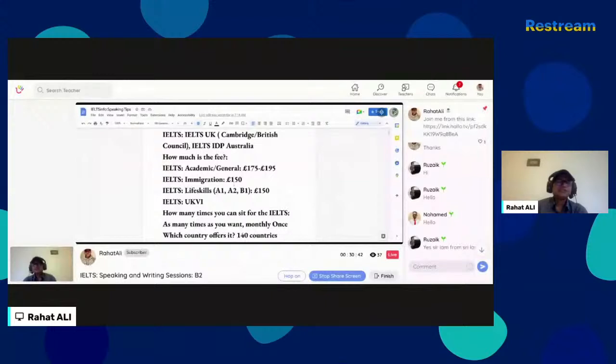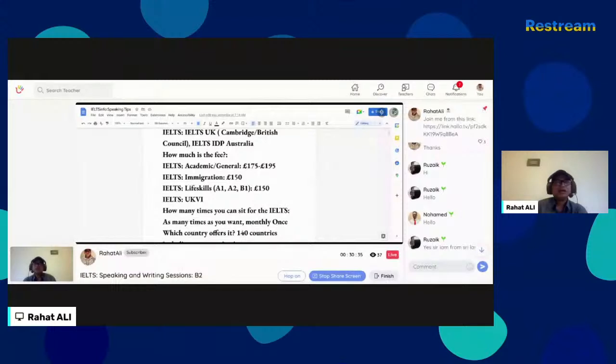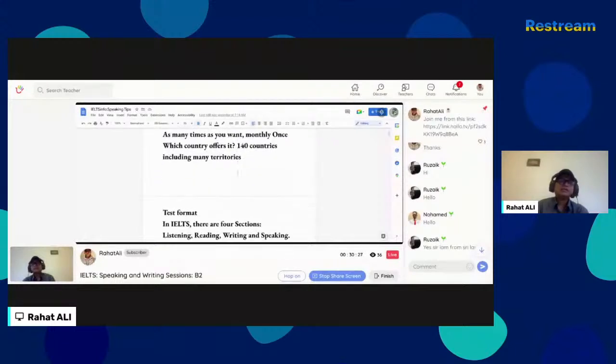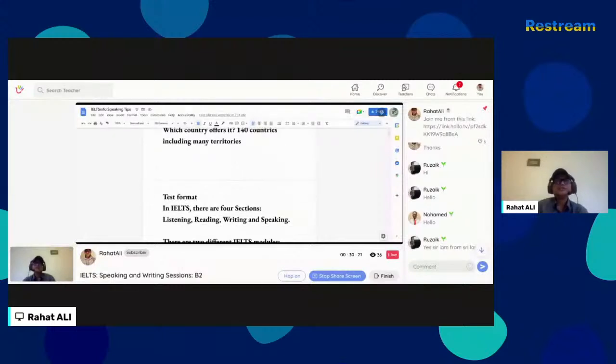The fee is generally between £150 to £200. You need to convert it to your local currency. It's quite an expensive fee. As I said, IELTS can be taken every month, and it is offered in more than 140 countries, including many territories.